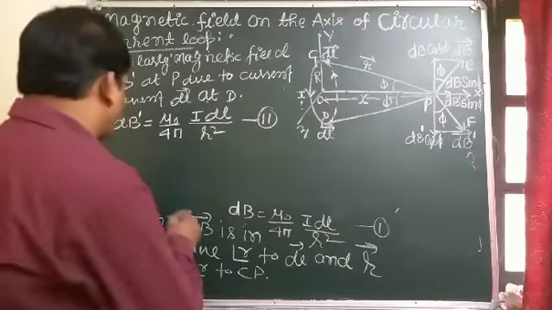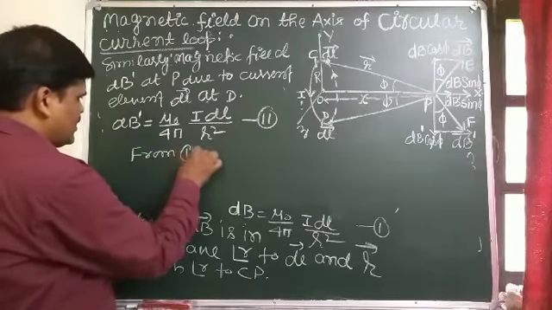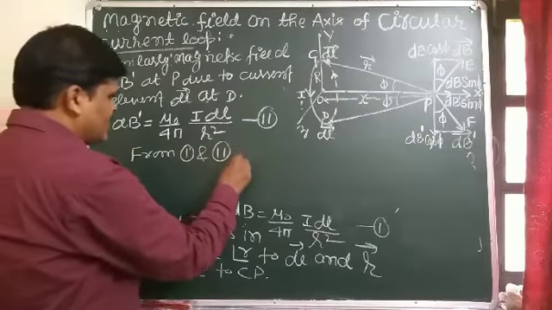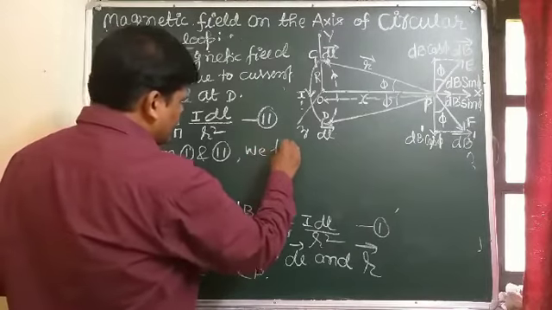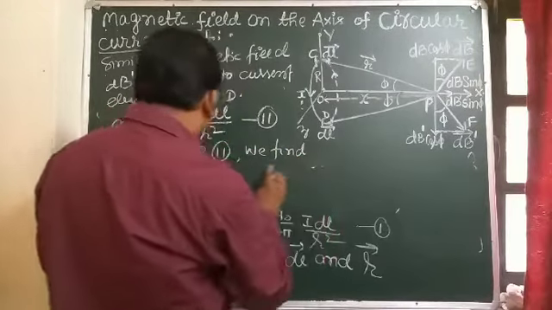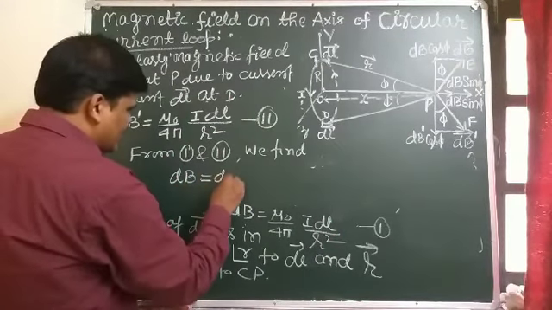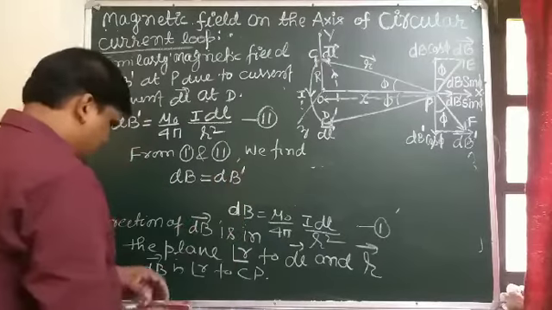So from 1 and 2 we find that in magnitude dB equals dB dash.